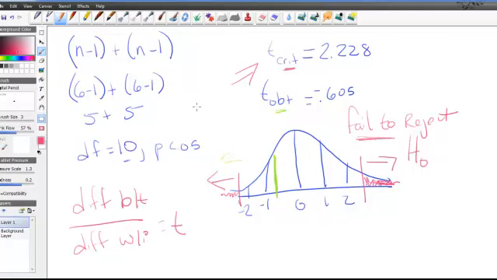Now again, to know how different these groups are, you need to calculate Cohen's d. So Cohen's d, you can Google Cohen's d calc. The first link that comes up is a really great calculator. You just input your sample means, you input your standard deviations, and it calculates Cohen's d for you.